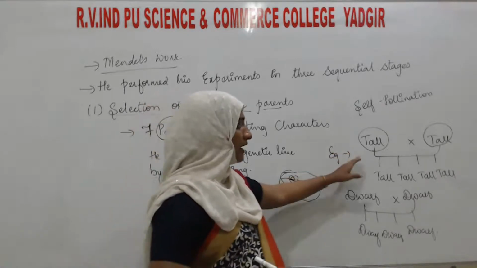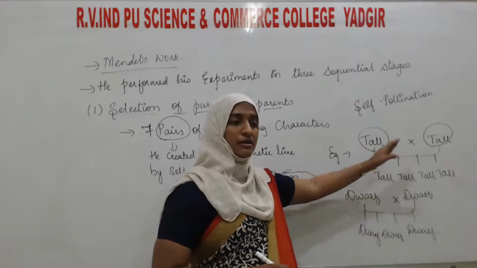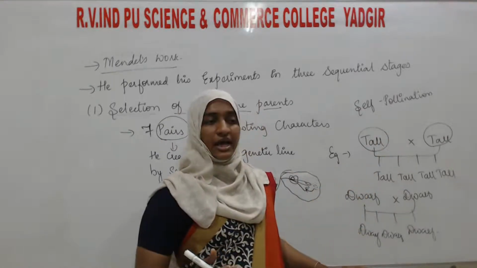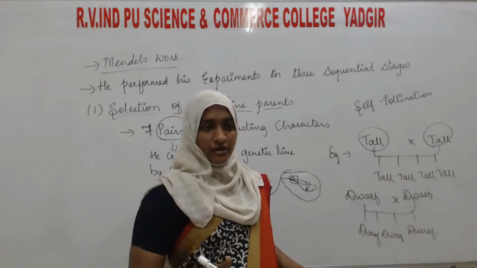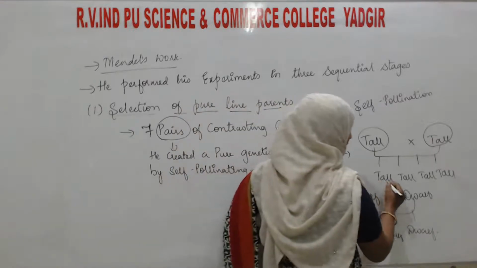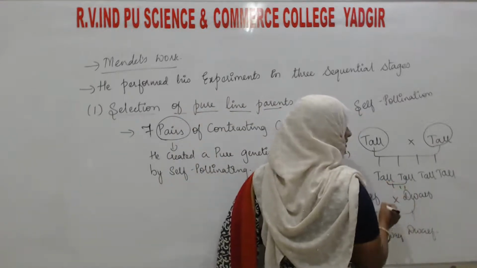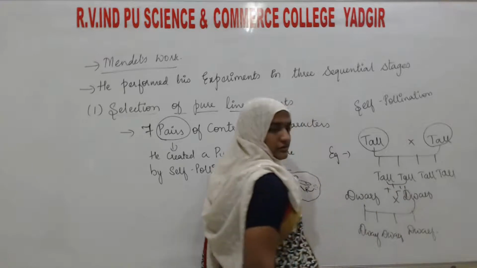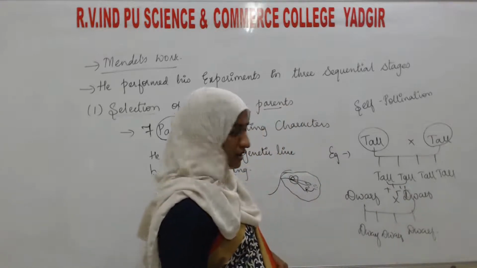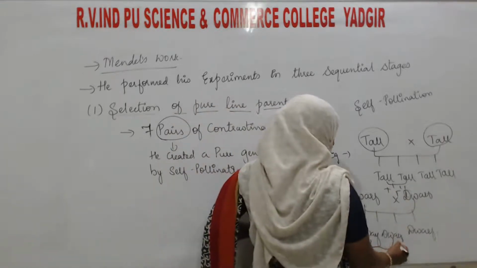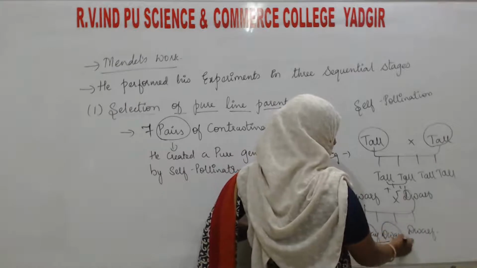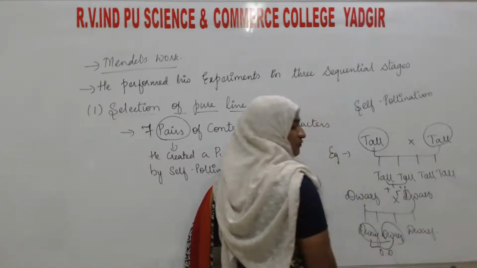If a tall plant is going to cross with a tall plant, those genes only will inherit to the next generation. If you cross these two plants, then again in the next generation you will get tall plants. If you again cross these two tall plants, then again you will get tall plants only.